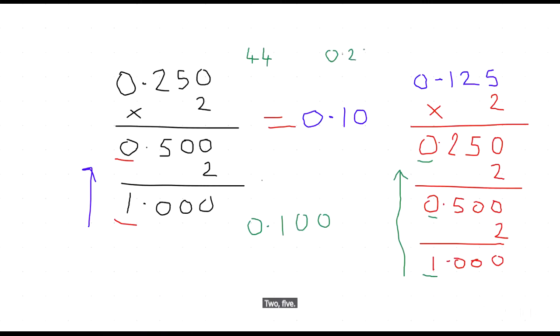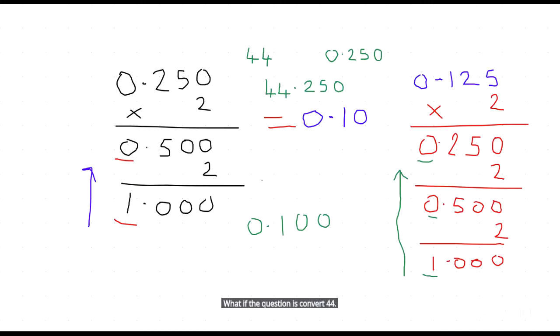Now, what if the question is: convert 44.250? What happens if the question is like this?